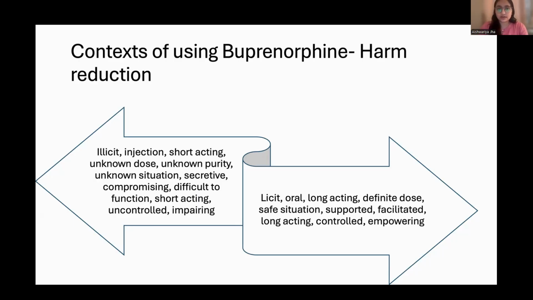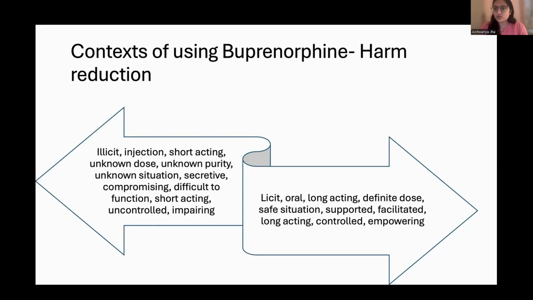Something that's incredibly uncontrolled, sometimes can be mixed in with other things, and impairing, right? And we're taking that entire context and moving it to medication, which is of known purity from a known person. It's a much more dignified way of living.